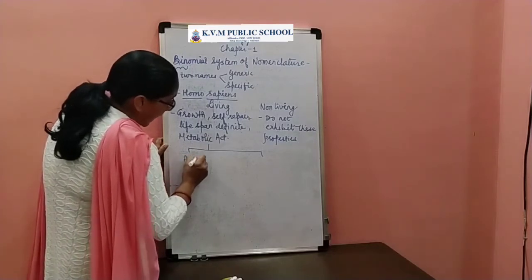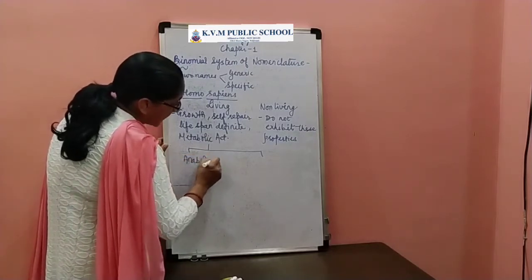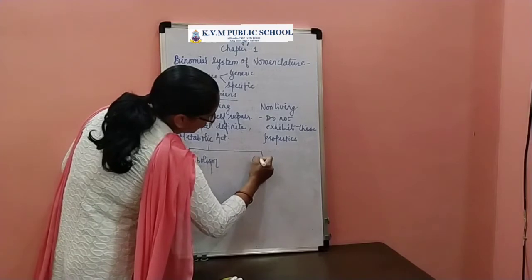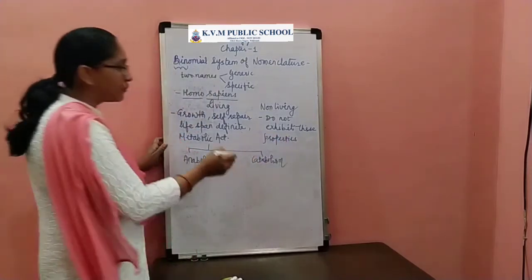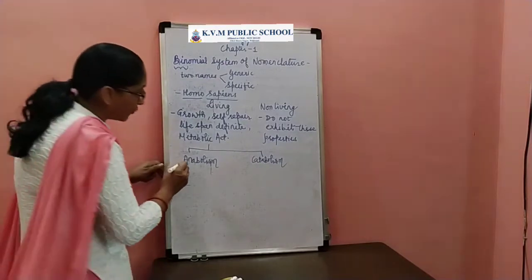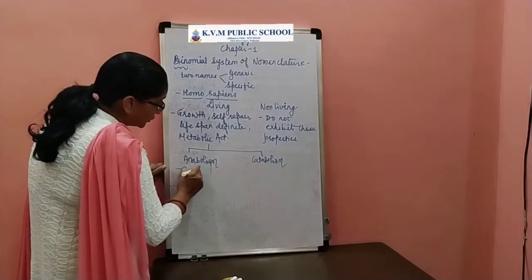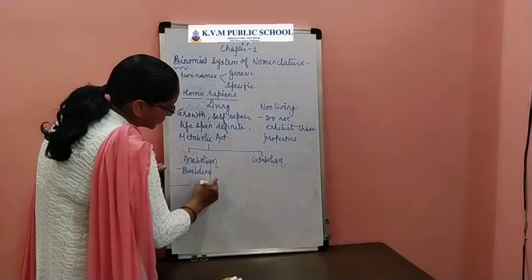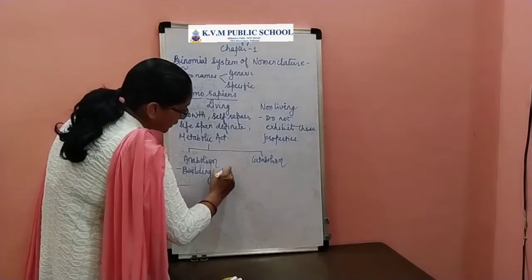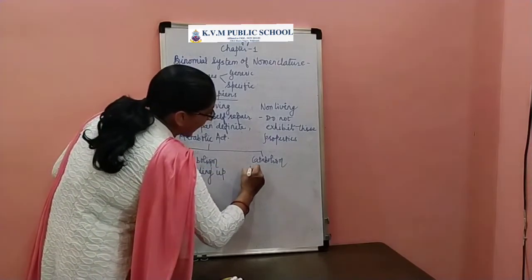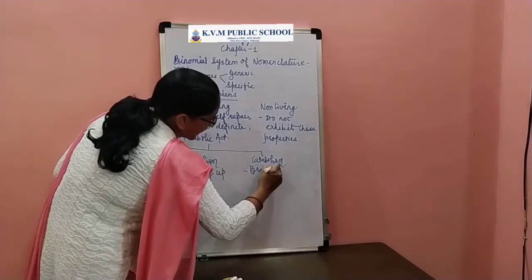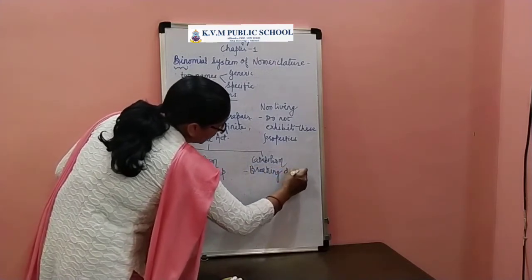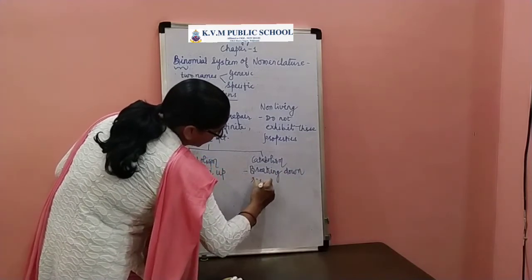Metabolic activities are divided into two: one is anabolism and the other is catabolism. Anabolism refers to building up reactions, in which a particular substance is formed. Whereas catabolism refers to breaking down reactions.